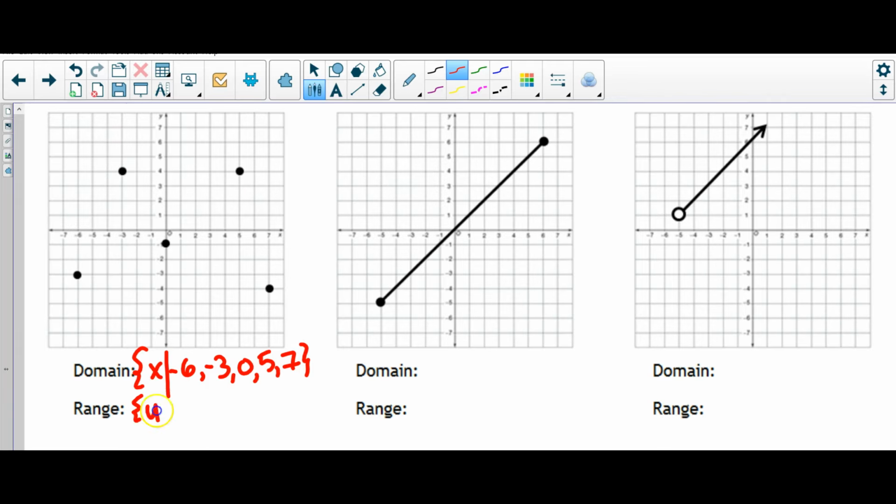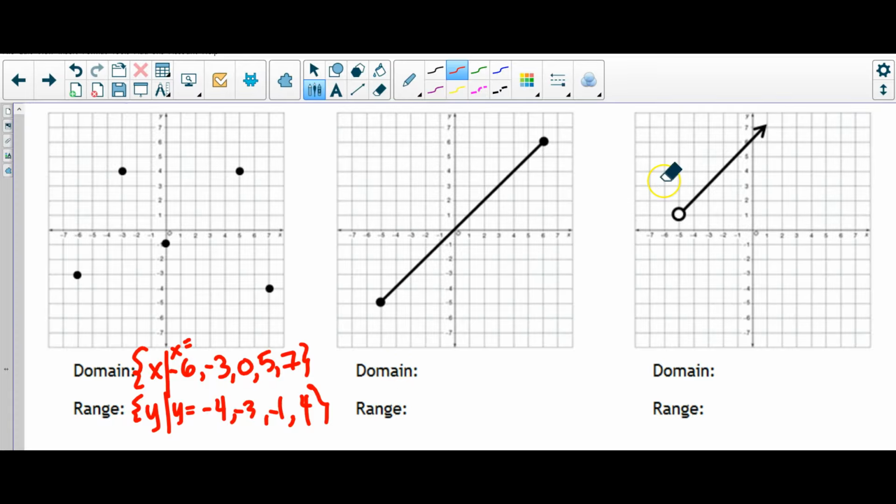And then my y values, y = -4, -3, -1, and 4. And I'm not repeating the 4, even though we have 2 y values at 4.